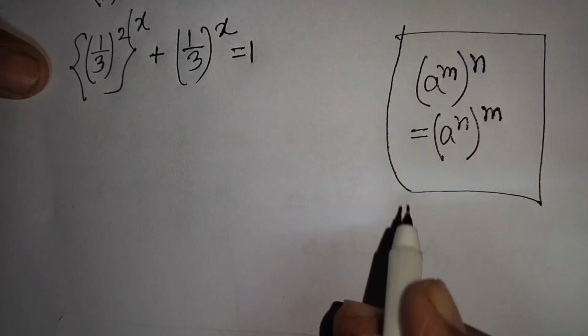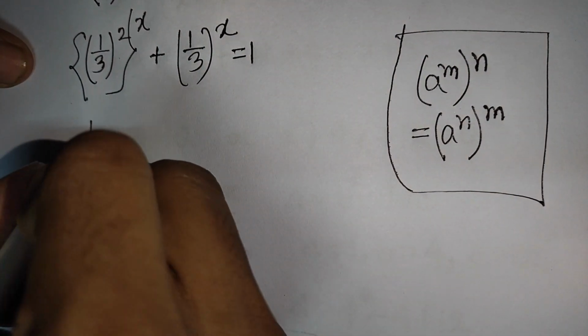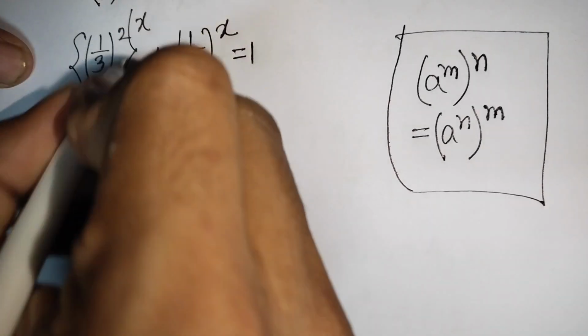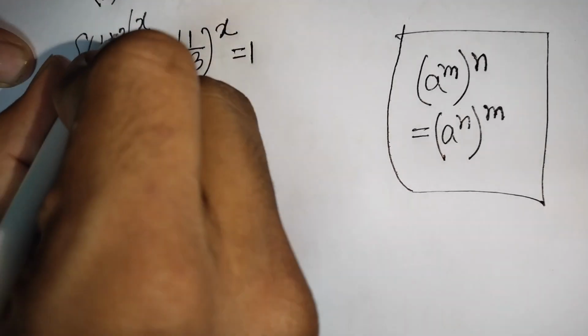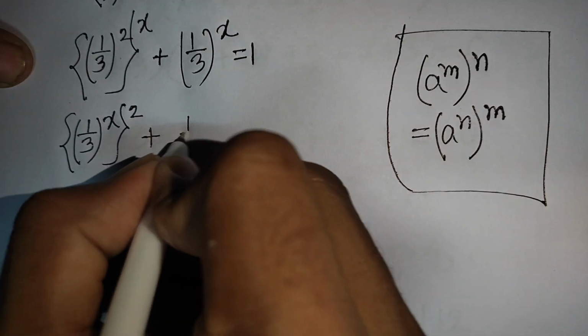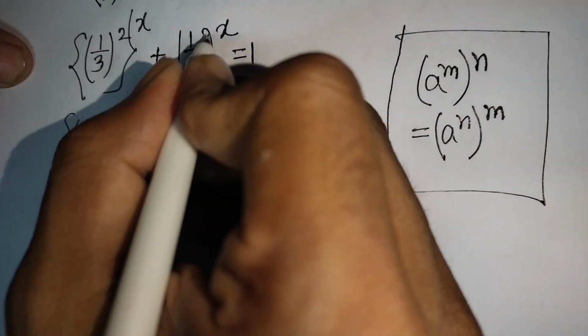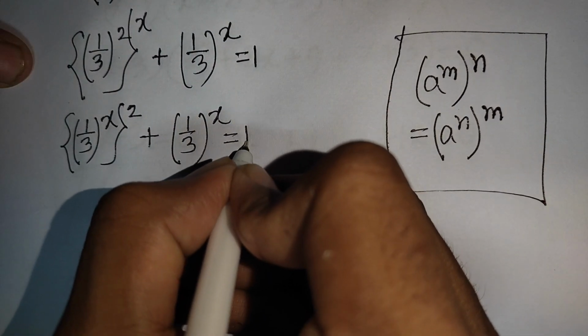So according to this rule, I can write here (1 by 3) bracket power x, then second bracket power of 2, plus (1 by 3) bracket power x is equal to 1.